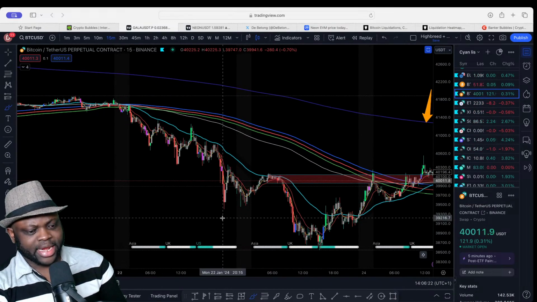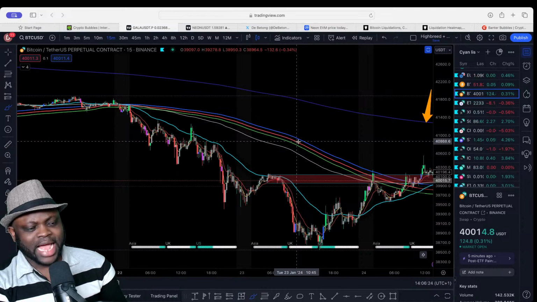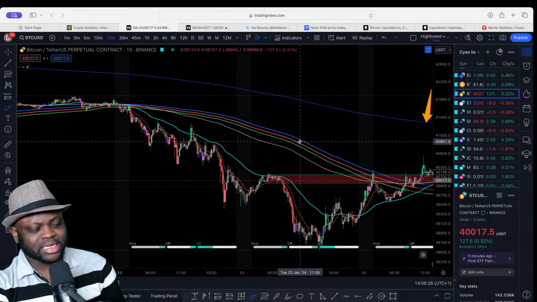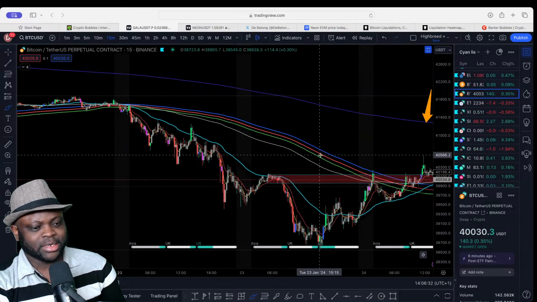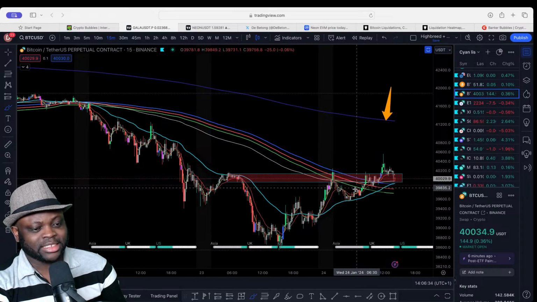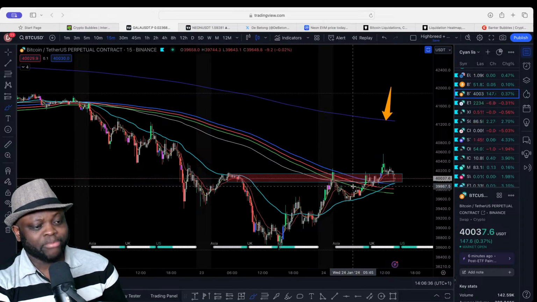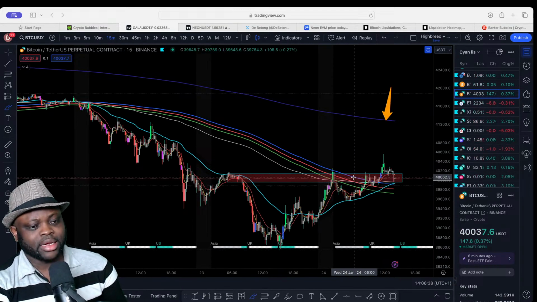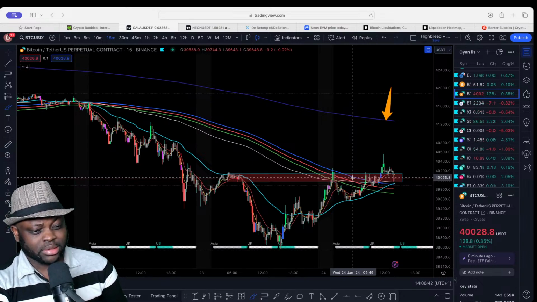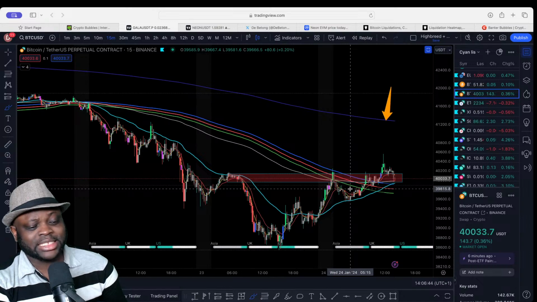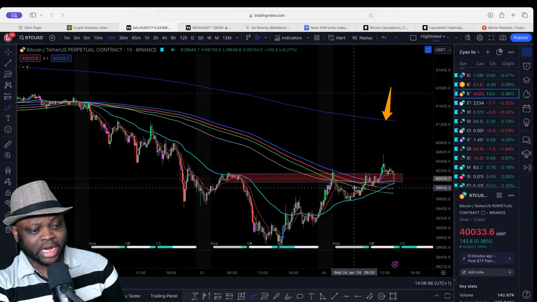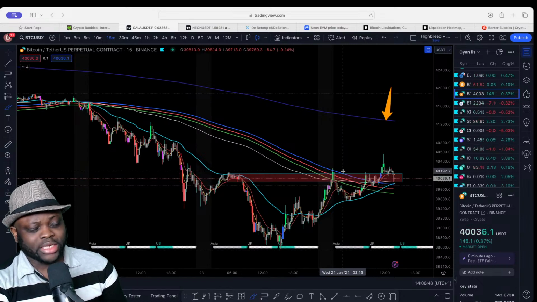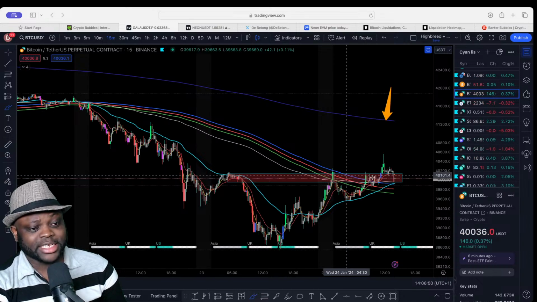This area with blue, red, and green is acting as support and resistance. The green is acting as resistance when price is below, and the blue is acting as support when price is above.